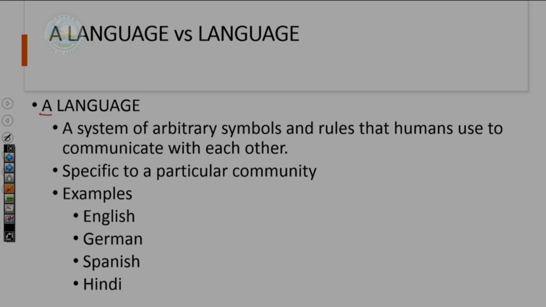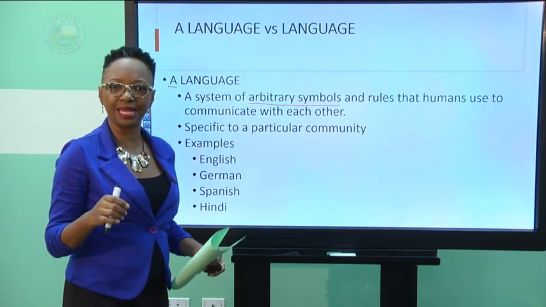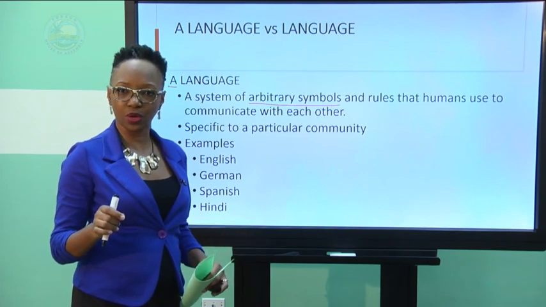This is a system of arbitrary symbols and rules that humans use to communicate with each other. Pay attention here: arbitrary symbols and rules. Simply put, what it means is that the symbols that we use in our language are arbitrary in that they do not necessarily indicate what it is we're talking about.